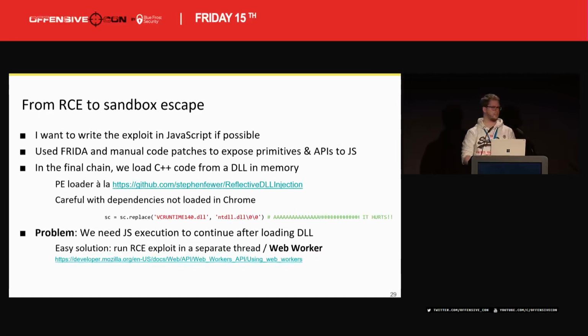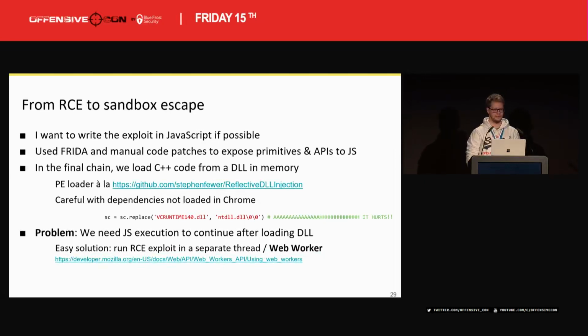And then the C++ code would expose certain primitives to the JavaScript code so that we can then write the exploit in JavaScript. Also, if we're doing this, then we need our exploit to be good enough that we can actually execute JavaScript after we get shellcode execution.